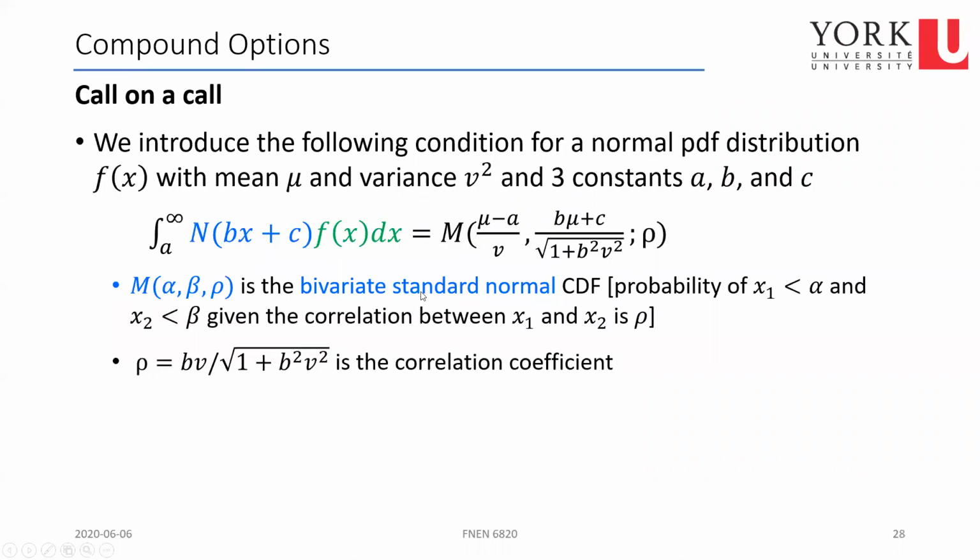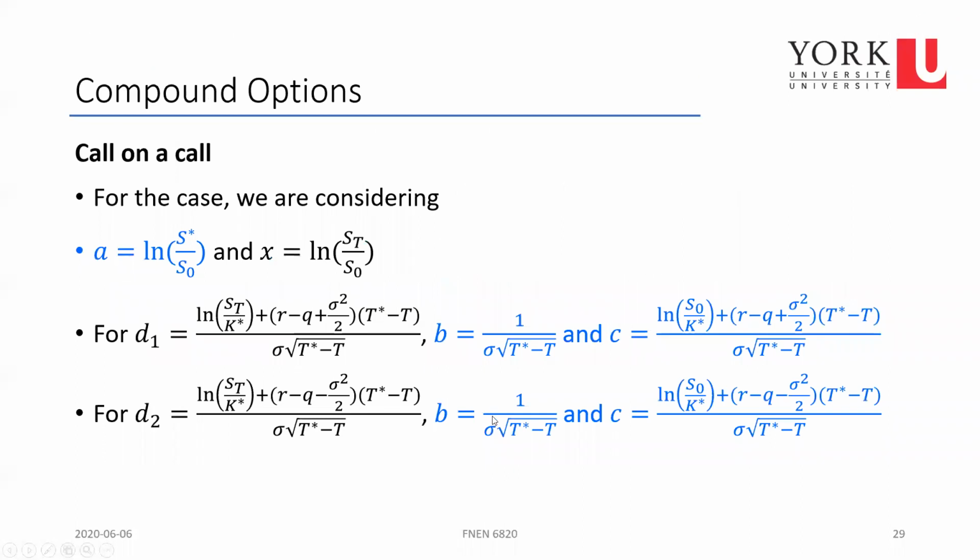So for each of those cases, we need to figure out the corresponding B and C. If d1 is equal to Bx plus C, and we also need to figure out B and C if d2 is equal to Bx plus C. Given this A here, and for d1, you plug in d1 here, we'll find that B is equal to this and C is equal to that.